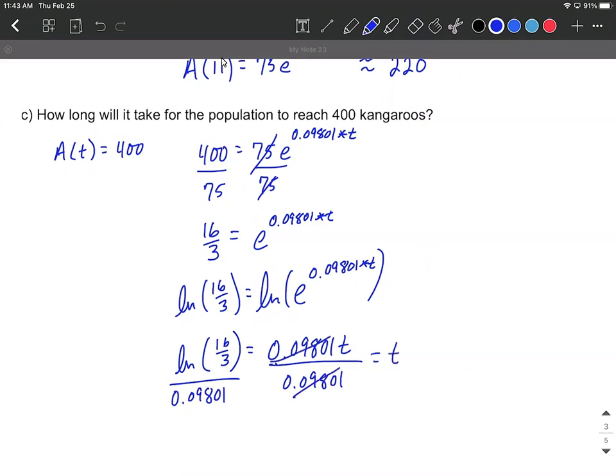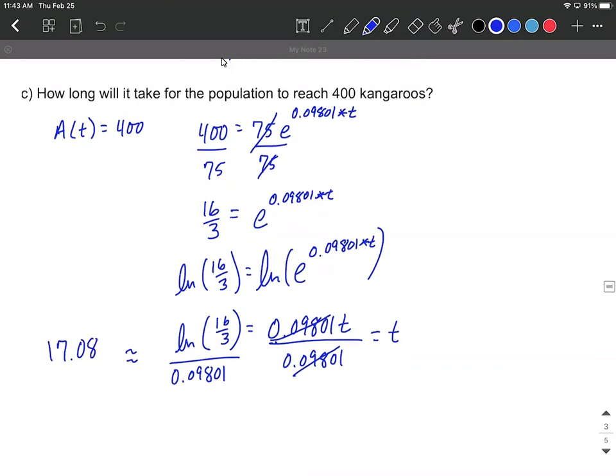That'll put t on the right-hand side all by itself. And getting this into our calculator, it is going to be natural log of 16 thirds divided by 0.09801. It's going to be approximately 17.08. So we can say that's between the 17th and the 18th week.